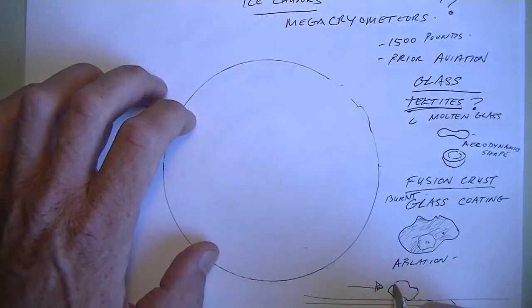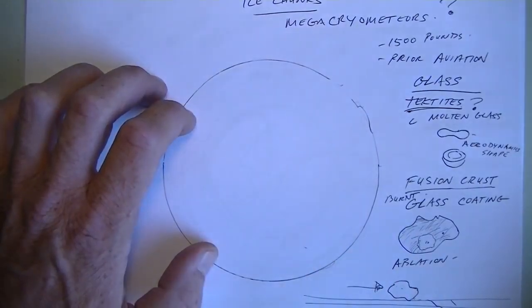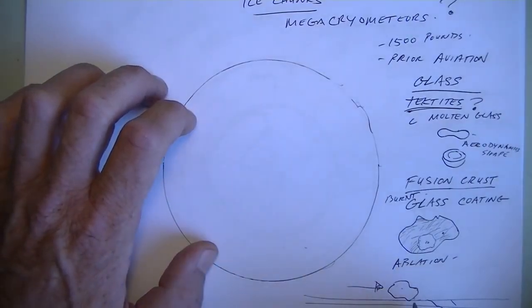Another reason why there's glass in the sky: when the meteor does enter the atmosphere, there's a thing called triboluminescence. Triboluminescence. Which is basically when you rub two surfaces together, especially if one of them is quartz or silicon dioxide, which is glass, against another surface like that, it will create light.